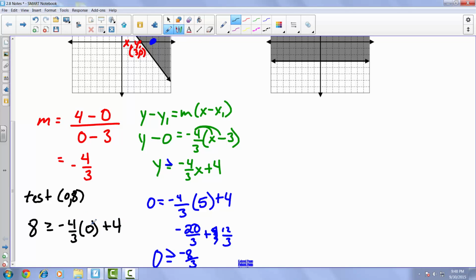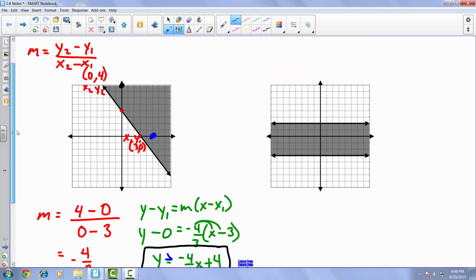Well, anything times 0 is just 0, so this will cancel out. And as a result, 8 is larger than or equal to 4. Well, that's a true statement. So again, it confirms that this inequality is facing to the left. And as a result, this would then become our inequality for this line.